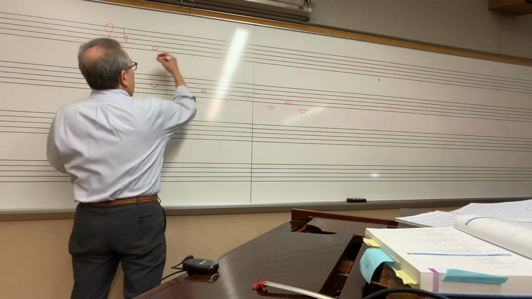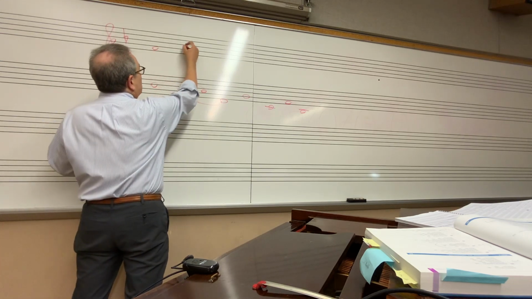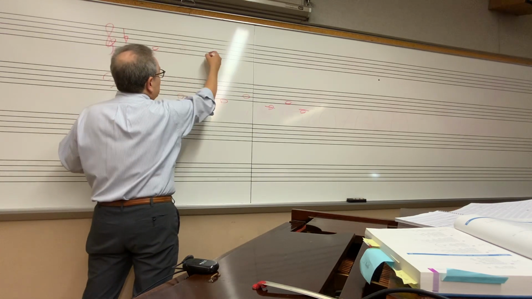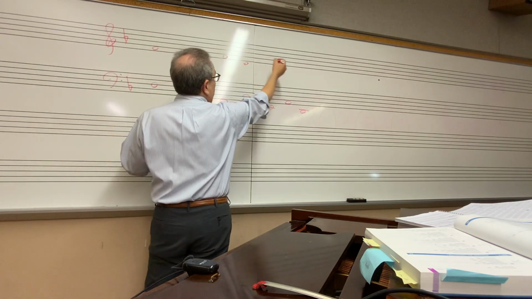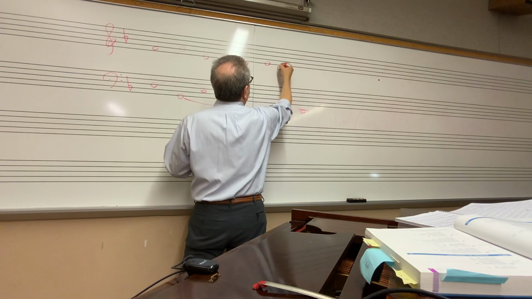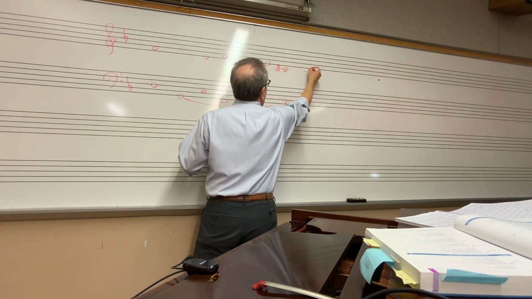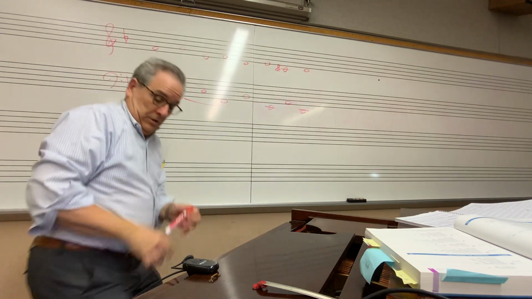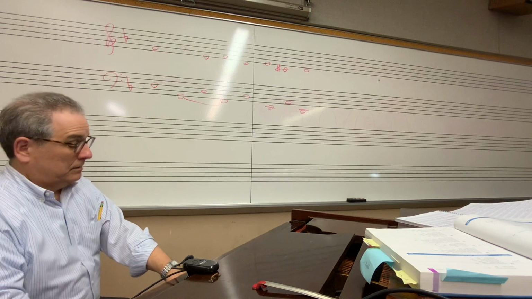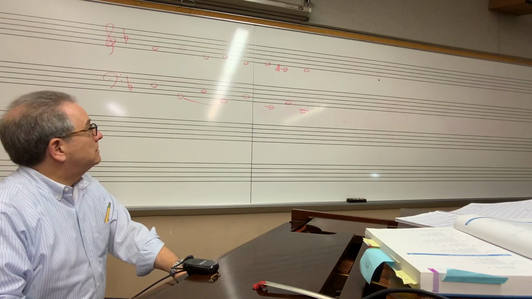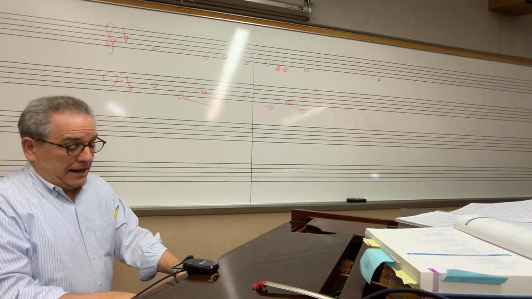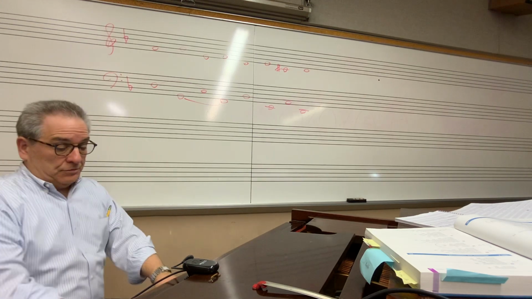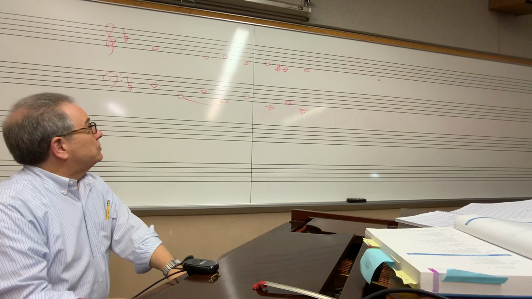And when this goes down, this chord goes up. When this chord goes up, this one goes down. So I'm just putting the top note in. Full chord is implied in each case.